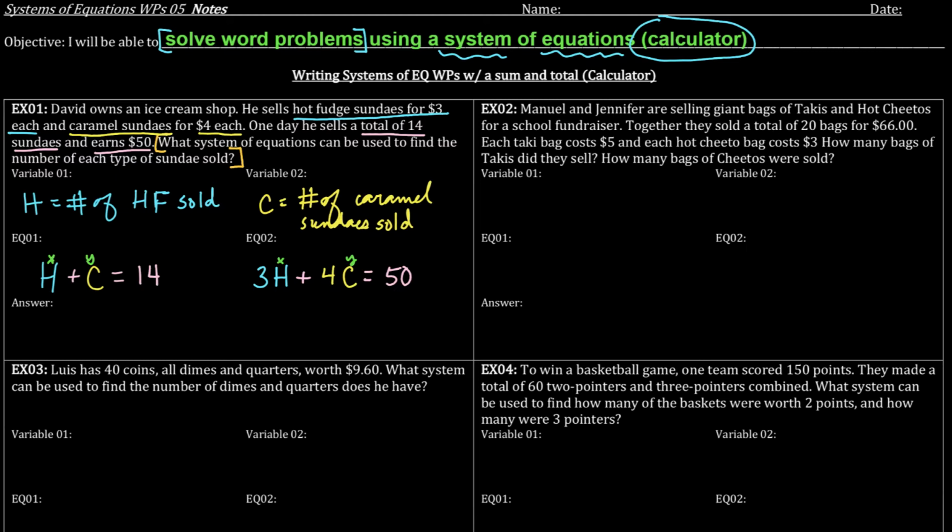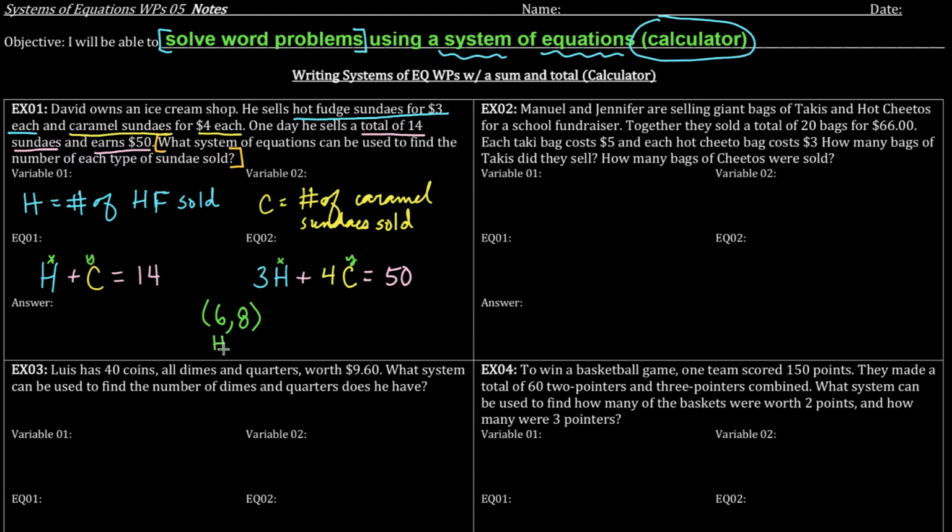So this is, there it is. 6, 8. And that is the number of hot fudge, and that is the number of caramel. You could also just put it underneath, but there might not be a whole lot of room.